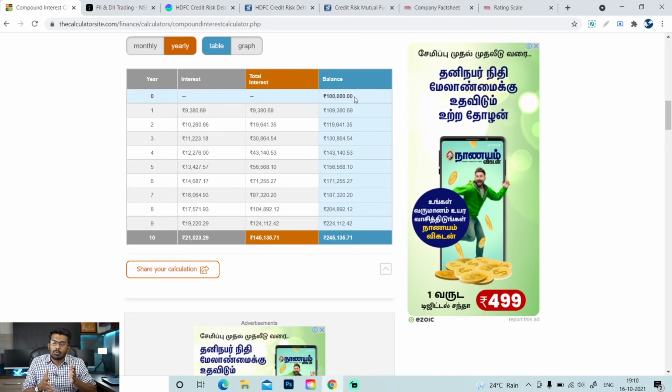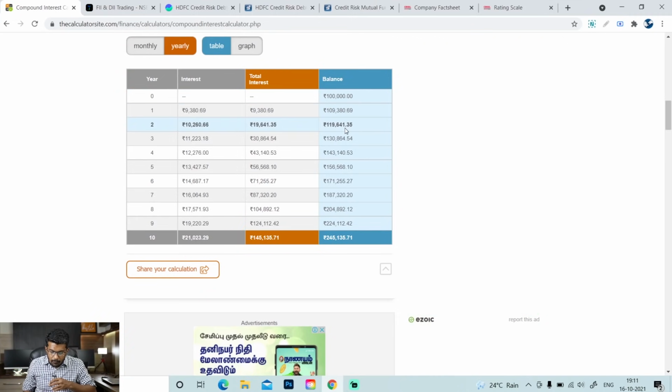Instead, you are going to add the 9,300 rupees, which is the interest you have gained, and deposit it again, reinvest it again. So at the end of the second year, your 1 lakh is going to be 1,19,000. At the third year, it is going to be 1,30,000, 30% return on investment in 3 years. At the end of the fourth year, it is going to be 1,43,000. At the end of 5 years, it is going to be 1.56 lakh.